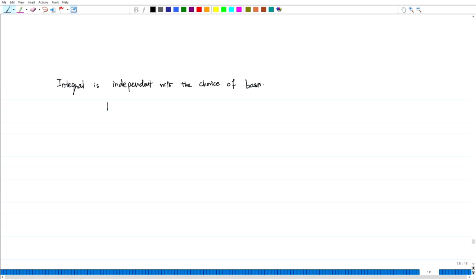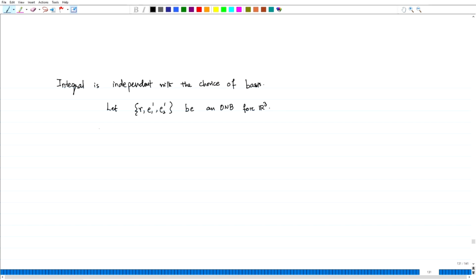Let gamma, e1 prime, e2 prime be an orthonormal basis for R3. Then we can find a rotation R which takes e1 to e1 prime and e2 to e2 prime.